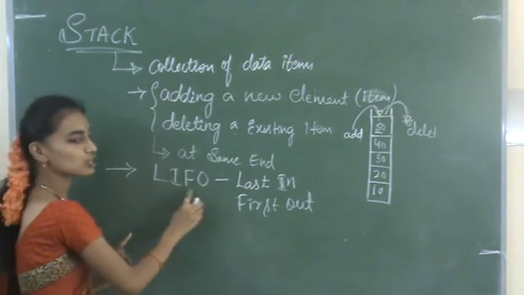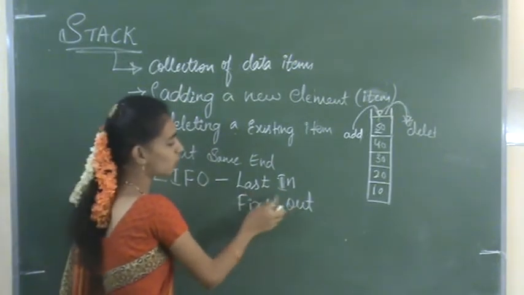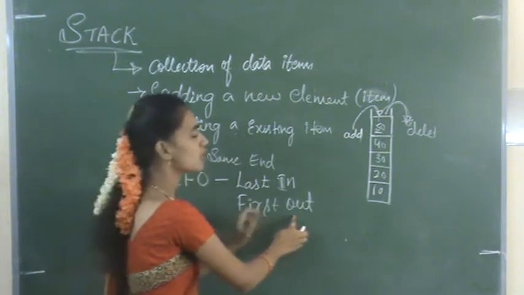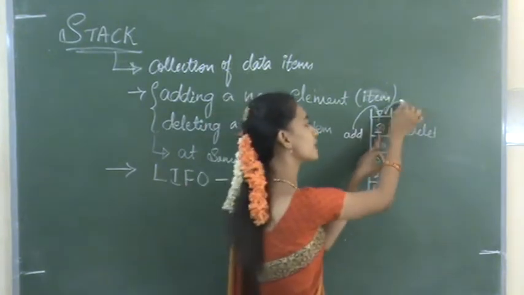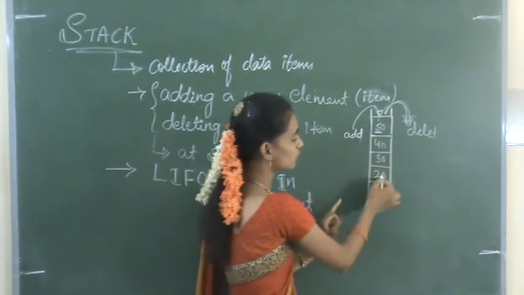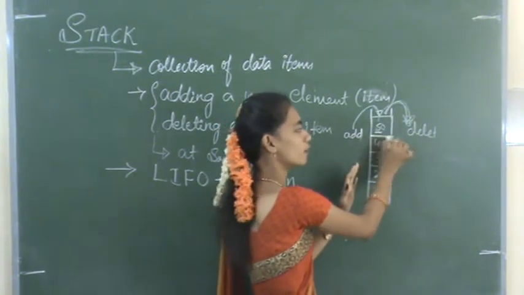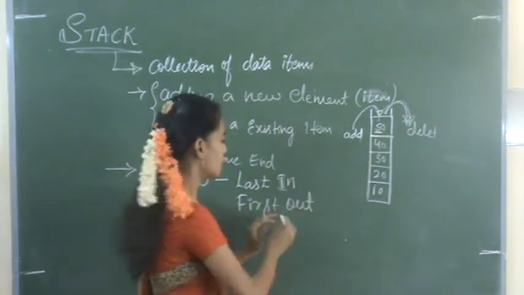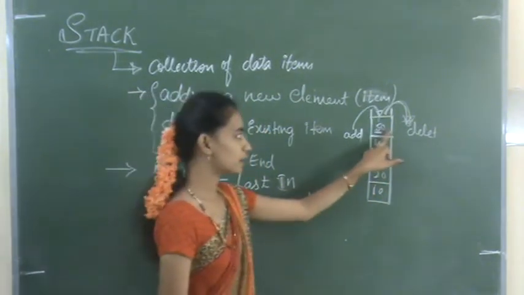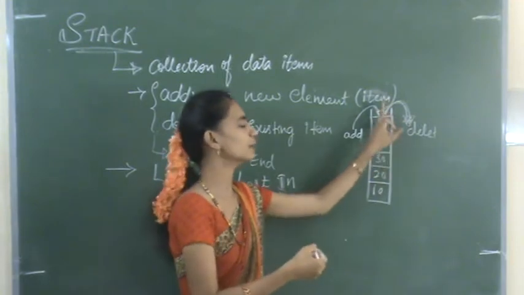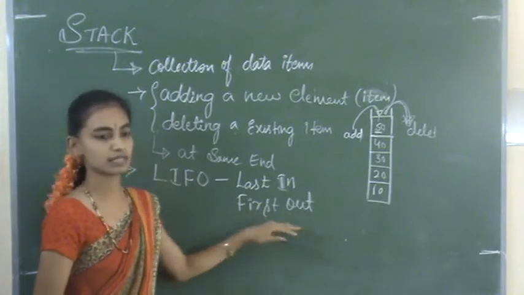The last element we inserted is 50, so that has to be removed first. We cannot remove in between or at the bottom. A stack has to be removed at the top of the stack only. So that's why this stack is called last in, first out. Whichever element is added last will be removed first.